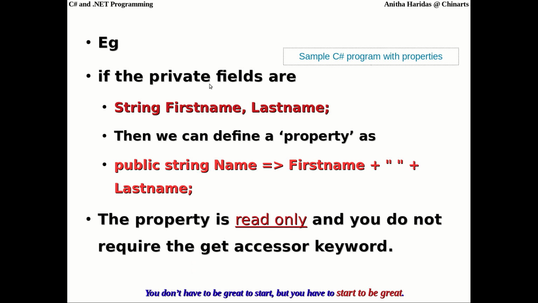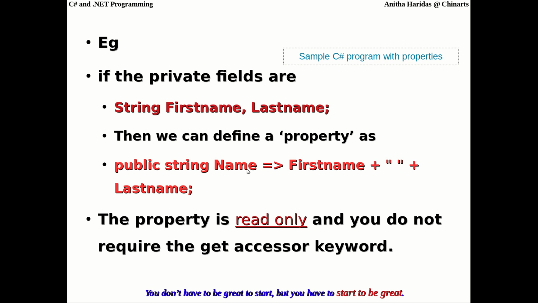Suppose, for example, I have private fields like string first name and last name. These are the private fields of my class. I am going to define a property like this: public string, with the property name, and I am using the shortcut syntax and returning an expression. What is the expression? First name concatenated with a space and then the last name. Suppose you have Amrita Mohandas: Amrita will be the first name value, Mohandas will be the last name value.